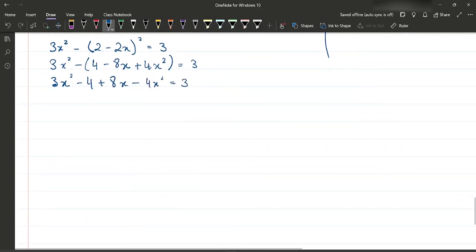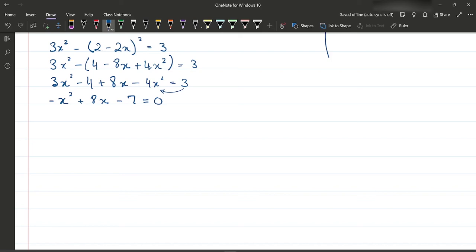The next thing we can do is simplify further. So 3x squared minus 4x squared is minus x squared, plus 8x, and we can bring 3 inside, which makes it minus 7 equals 0. Now I want to get rid of this minus, because I usually don't like it.